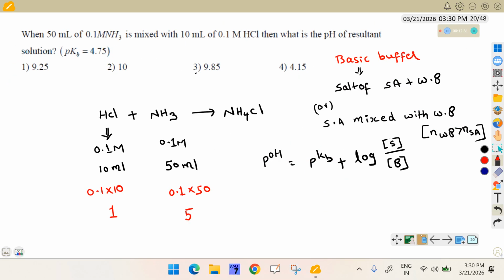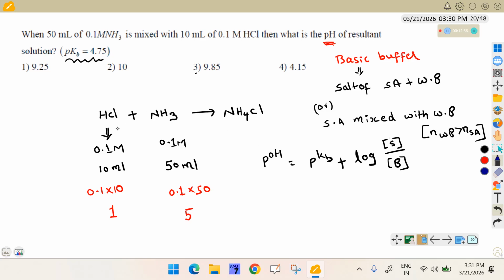50 ml of 0.1 molar NH3 is mixed with 10 ml of 0.1 molar HCl. Then what is the pH of the resultant solution? Calculate the pH of the resultant solution. The pKb value is given as 4.75. According to the reaction, HCl combines with NH3, then it gives NH4Cl.